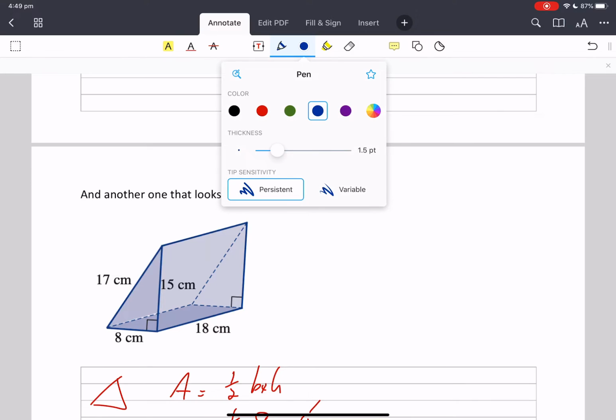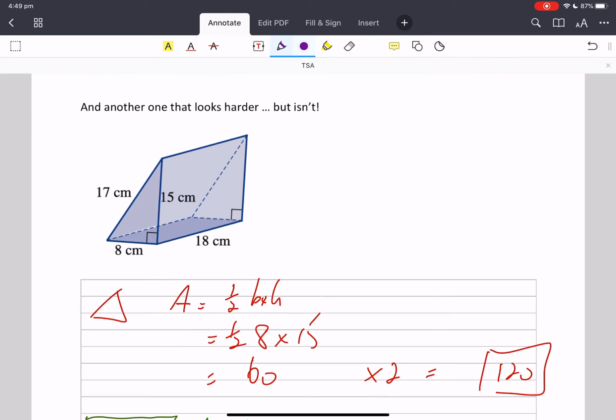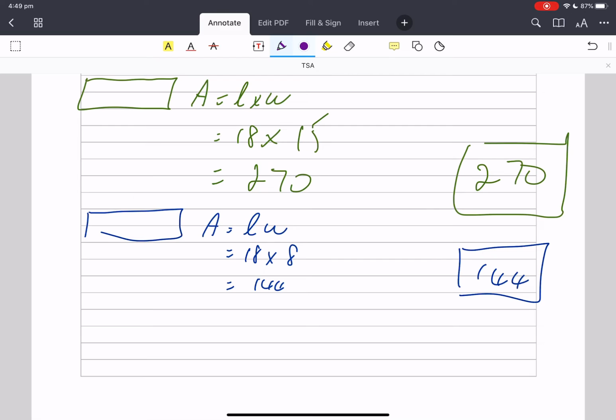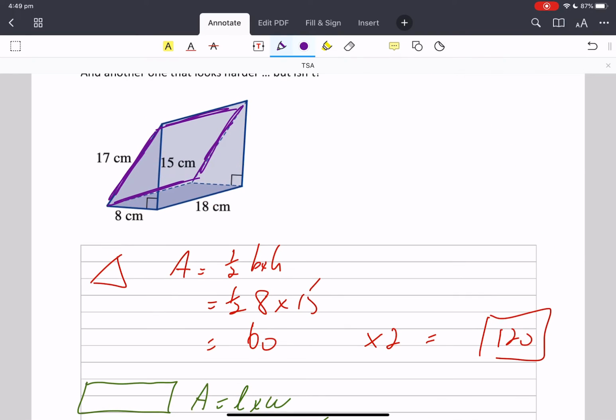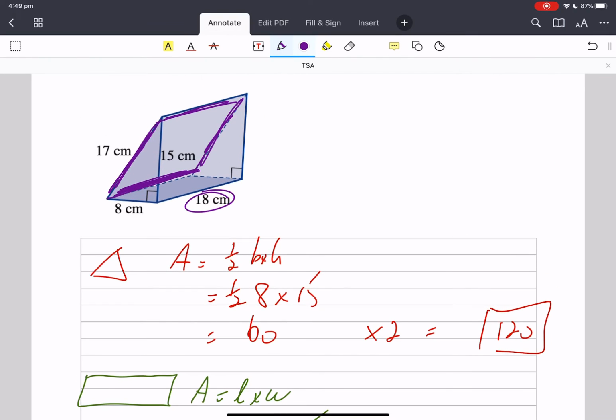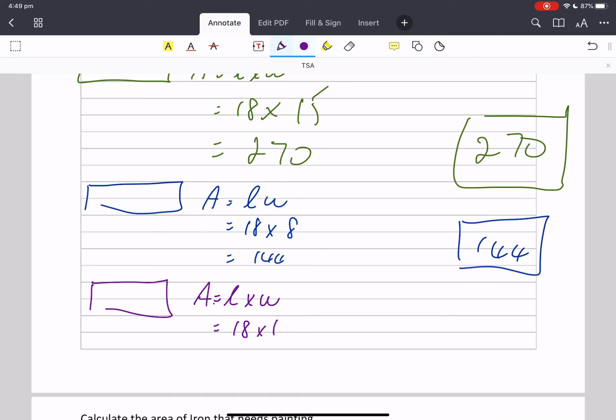Let's go purple. Over on the back side, there's another rectangle. And I'm running out of room. So length times width. It's still this 18 long. And it's 17 wide.